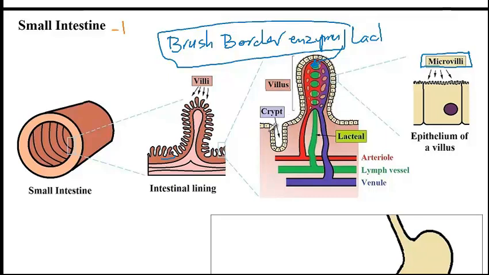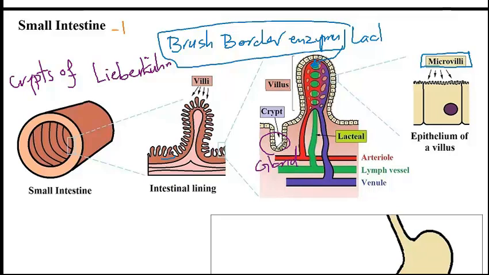We also have crypts here, which are located at the base of the villi, and they are referred to as crypts of Lieberkühn. And these crypts contain the glands that produce the intestinal juice as well as lysozyme, the function of which is to kill bacteria.